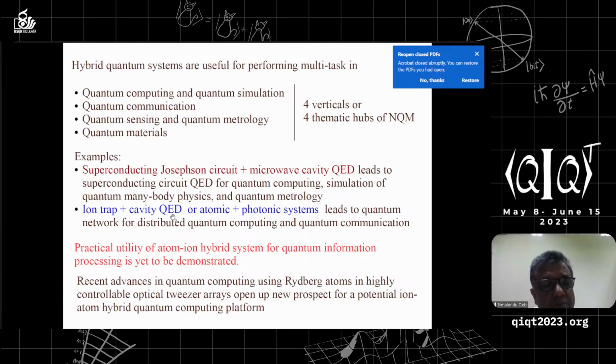This has been experimentally demonstrated very recently. And recent advances in quantum computing using Rydberg atoms in highly controllable optical tweezer arrays open up new prospects for a potential ion-atom hybrid quantum computing platform.